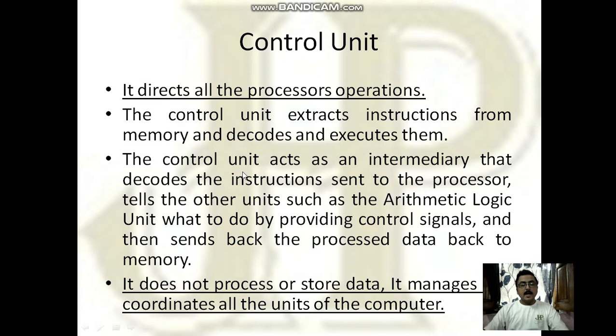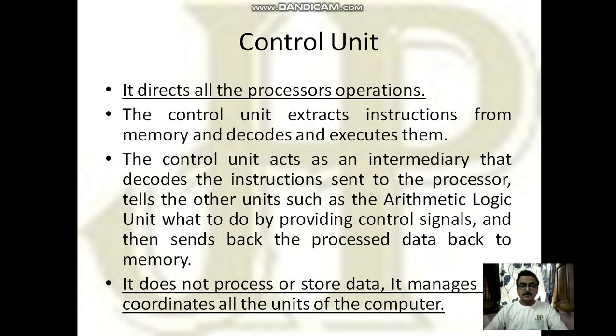The control unit acts as an intermediary that decodes the instructions sent to the processor, tells the other units such as ALU what to do by providing control signals, and then sends the processed data back to the memory.